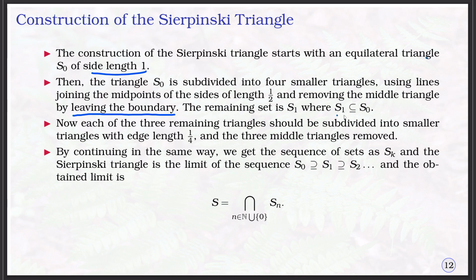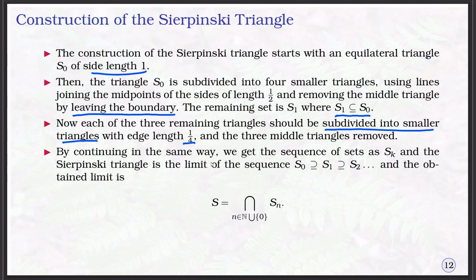The relation between S1 and S0 is that S1 is contained in the set S0. Now, in S0 we have 3 sub triangles in the first iteration. Each of these 3 remaining triangles is subdivided into smaller triangles with side length 1/4, and then the 3 middle triangles are removed.